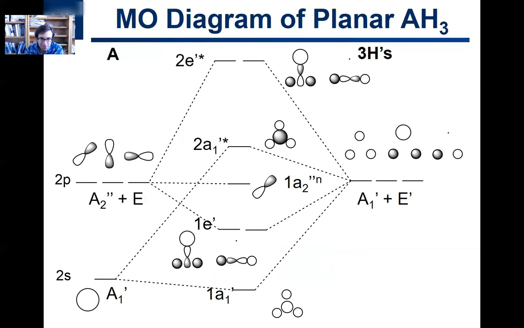That's the pz, it's non-bonding. And that's everything. So, getting the salts is definitely the hardest part. It's not bad, okay? I think the energies of all these make sense, right? The A1 prime is lowest in energy here, 1a1 prime, because it came from something that was lowest in energy. Non-bonding is in the center, etc.